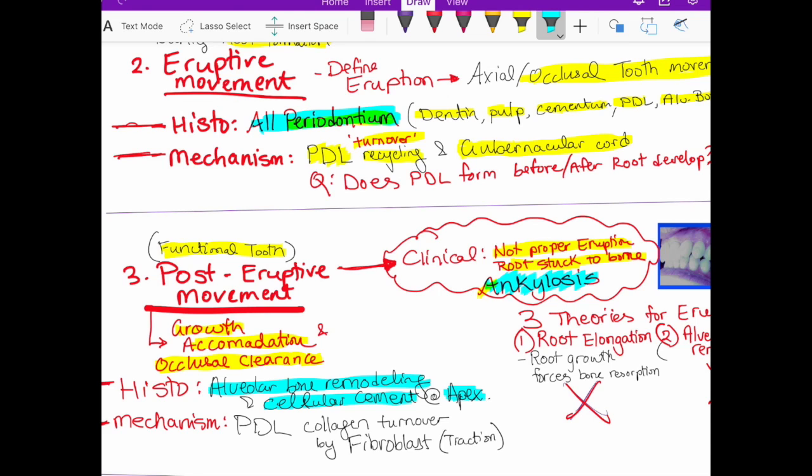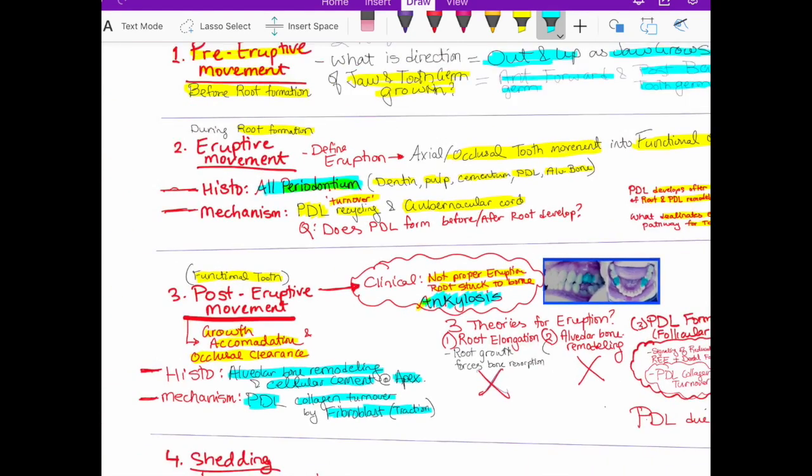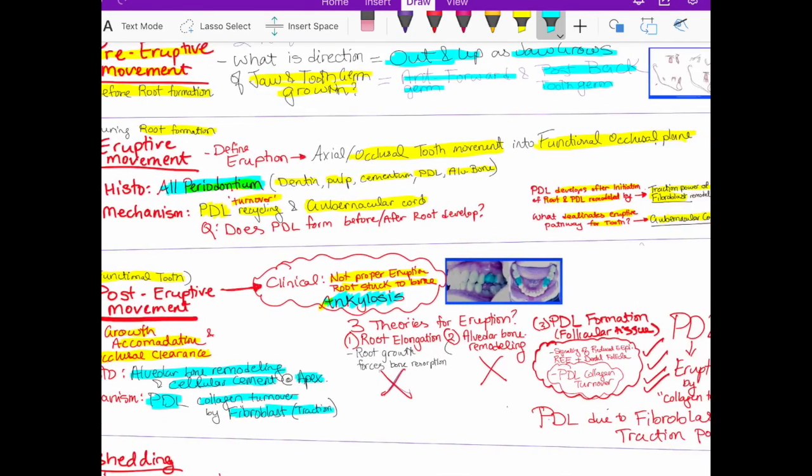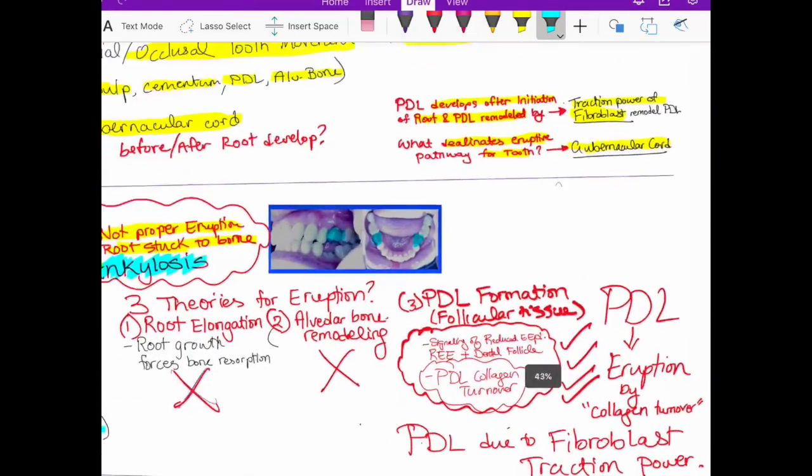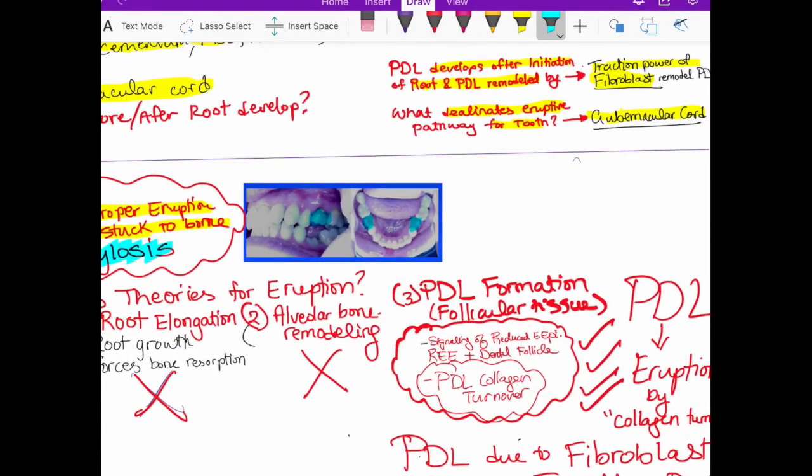Mechanism of post-eruptive, once again, is your PDL collagen turnover with the help of fibroblasts with those traction movements, or the traction power. The three theories of eruption: root elongation, which says that the root growth forces the bone resorption, causing tooth eruption.